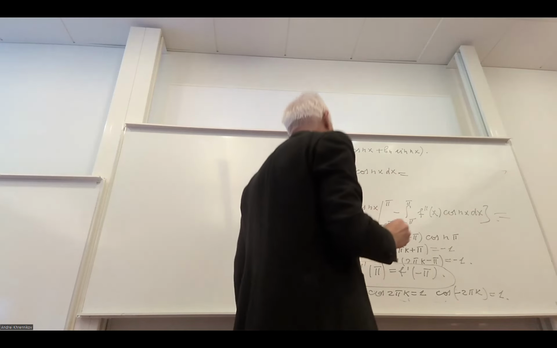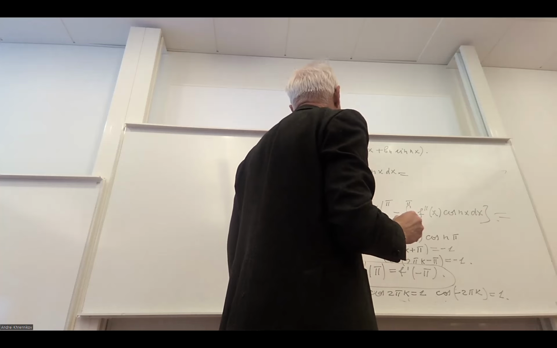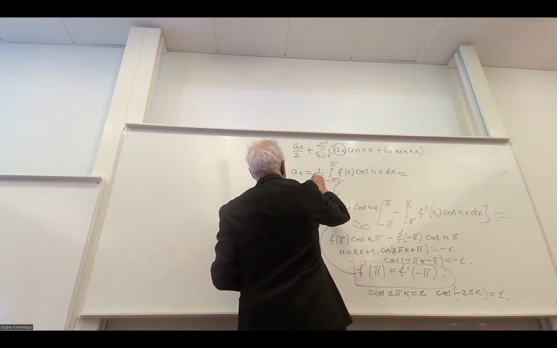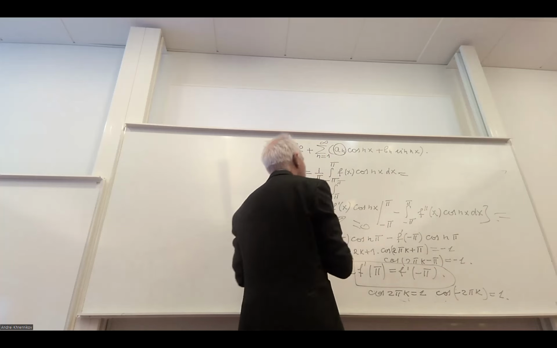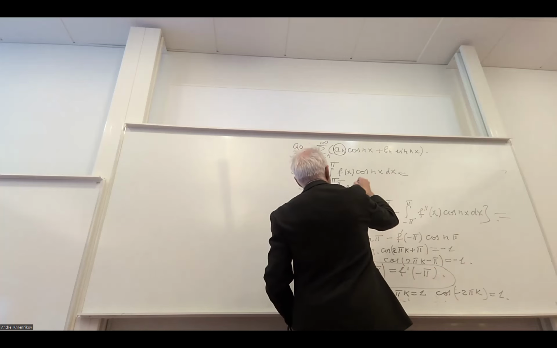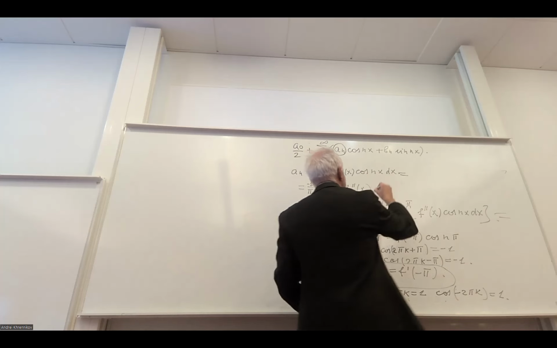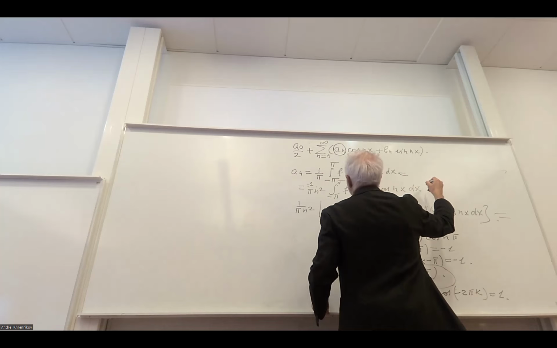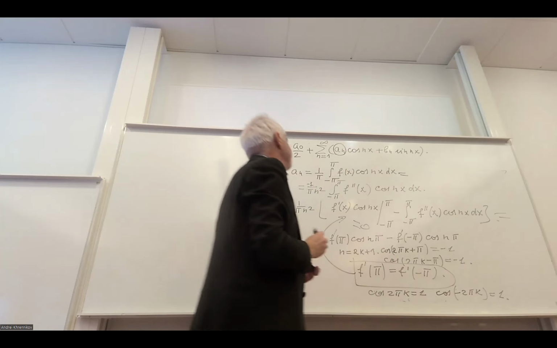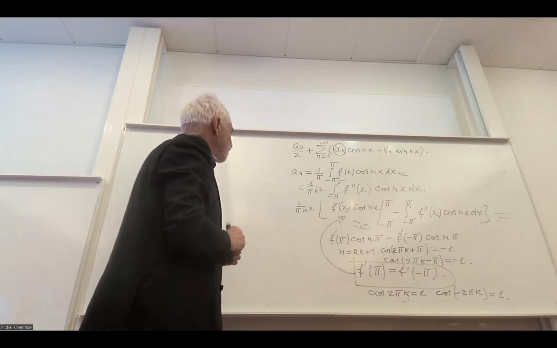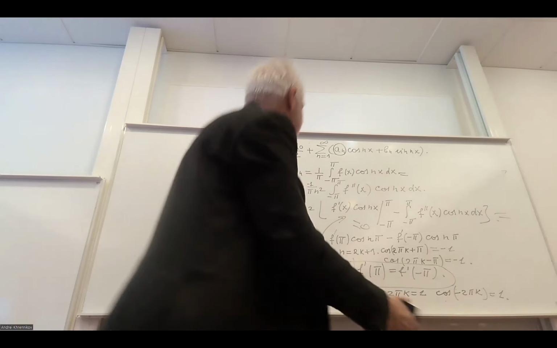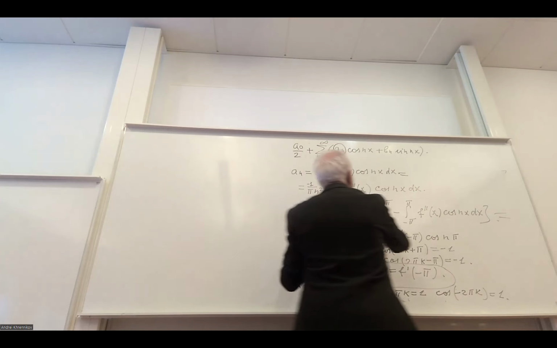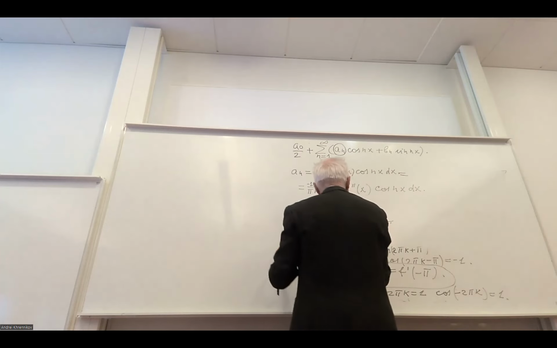The sign was minus. No, the sign does not play any role. The second derivative, cos(nx) dx. We can estimate this, it is just a finite number. You can estimate this integral.